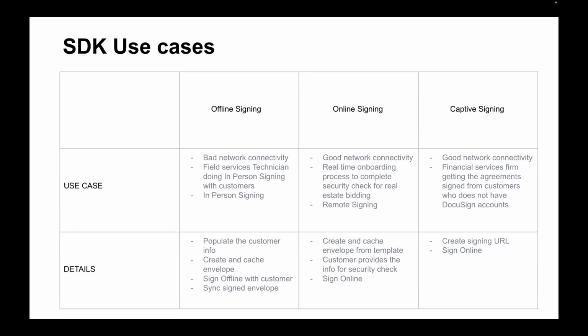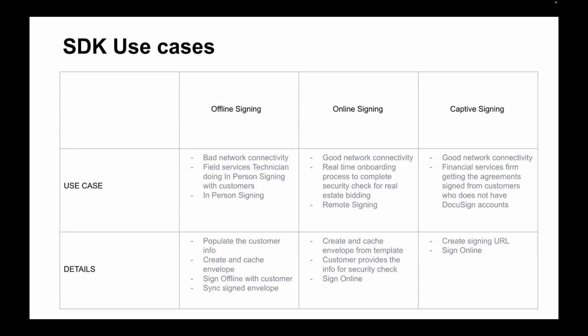Now, when do I choose online signing? Let's say there is a real-time real estate bidding application that wants to do knowledge-based authentication or a security check for their signers. Then they can choose the online signing API.